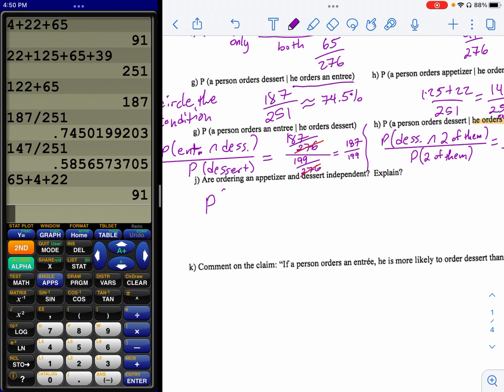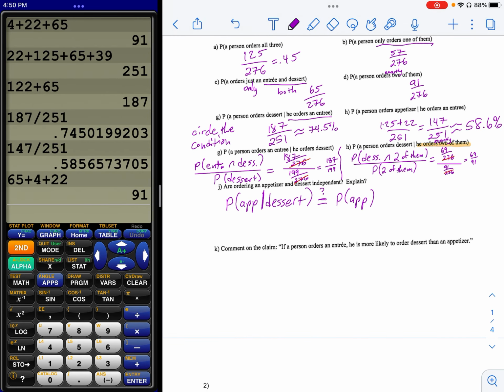So there's a formula. The probability of an appetizer, given that you ordered dessert, if they're independent, if you put a question mark here, if the dessert order has no impact on the appetizer order, then this will equal the probability of an appetizer by itself.